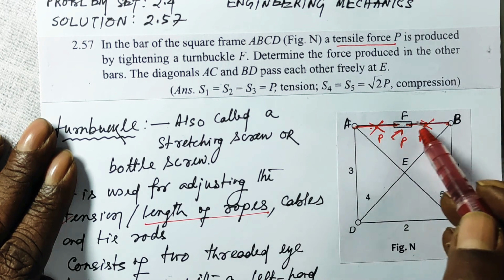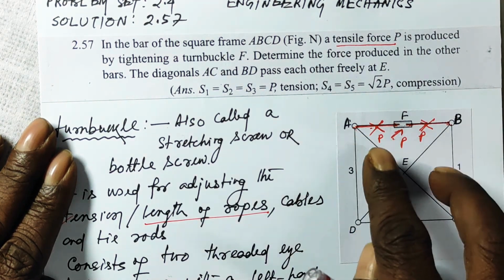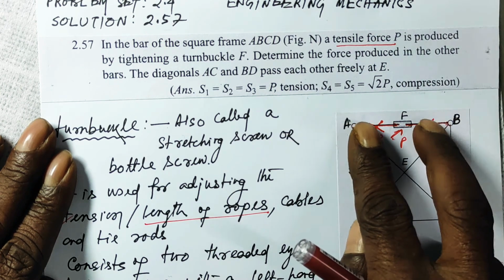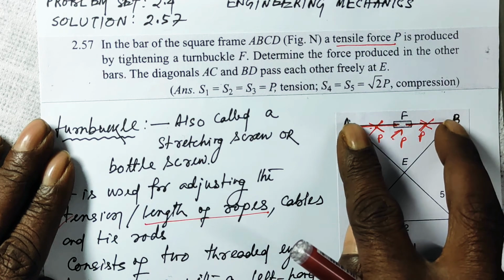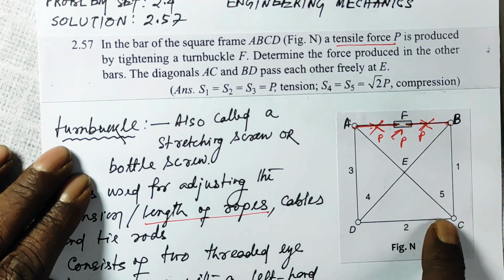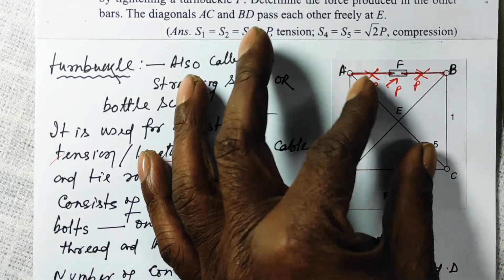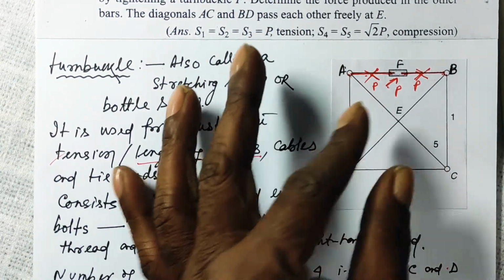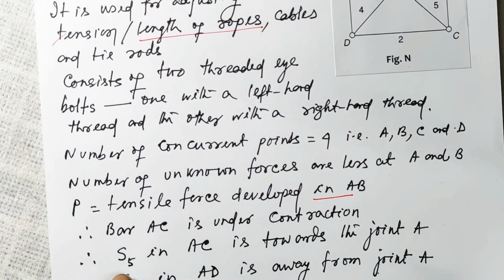Due to the tensile force P here, when you are tightening the rod AB with the turnbuckle, this bar AC will try to contract in length like this. So bar AC is under contraction.